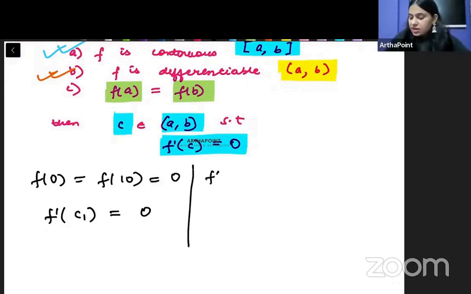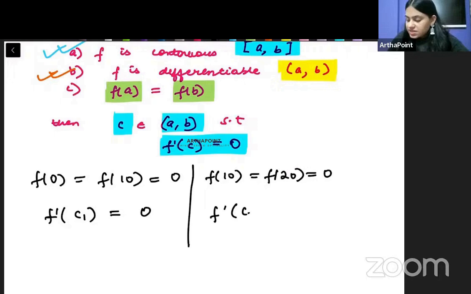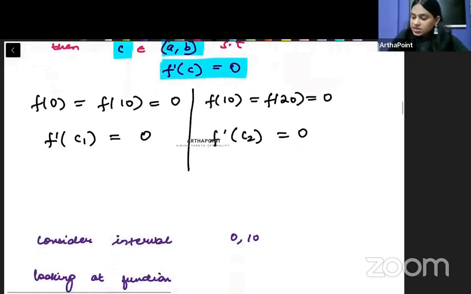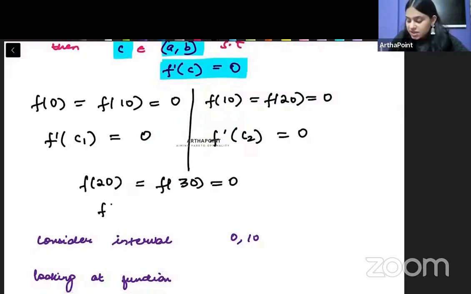उसी तरीके से 10 और 20 का वैल्यू भी सेम है, 0. मतलब एक ऐसा C exist करेगा such that f'(c) will be 0. Similarly बेटा 20 और 30 पे भी function का value is the same, 0, which means one c will exist such that f'(c) will be 0.